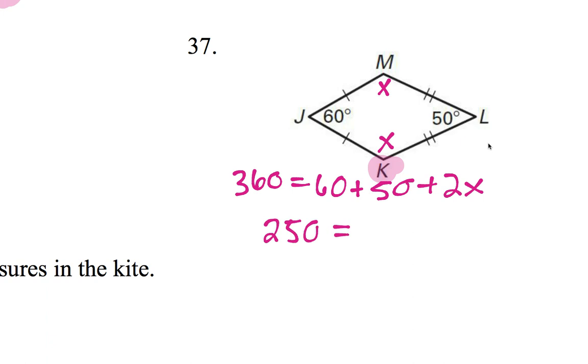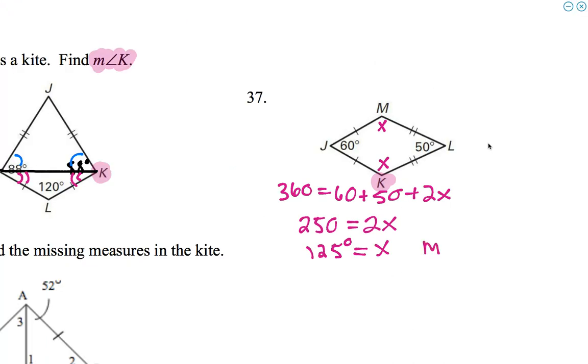So 250 equals 2x. So x equals 125 degrees. So the measure of angle K is 125 degrees.